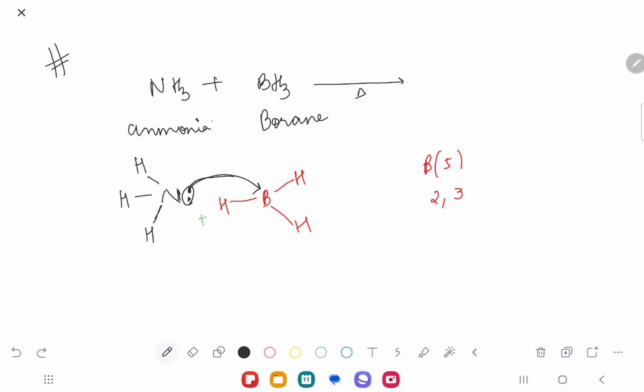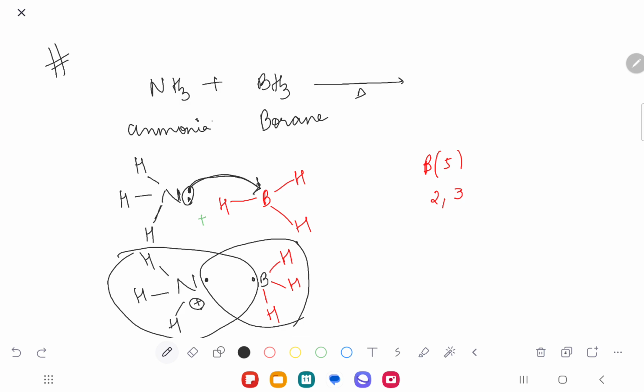So one would be donated by nitrogen to boron. So nitrogen is acquiring a plus charge, and boron is acquiring one extra electron. So these three H's remain behind boron. You understand? And nitrogen is having its own electron. Now they form a bond.